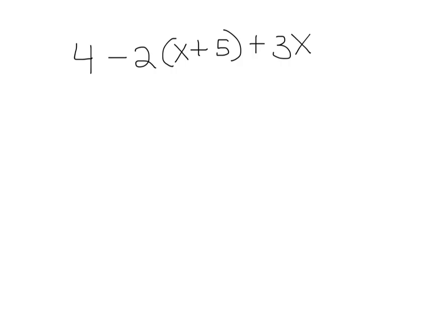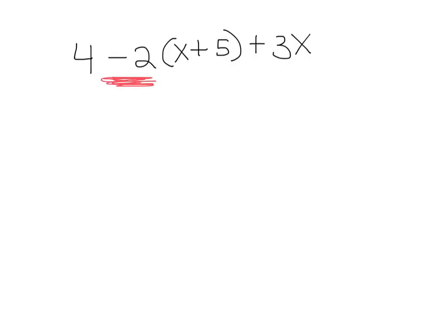Here's a typical example that will ask you to simplify this expression. Your first step is always going to be to distribute when you see a parentheses. So in this case, we're going to distribute a negative 2. Remember the negative here and not just distribute a positive 2. So here we go.